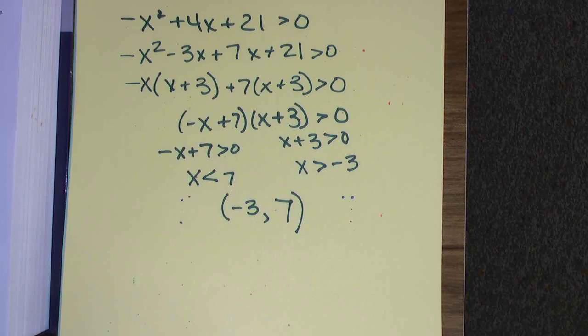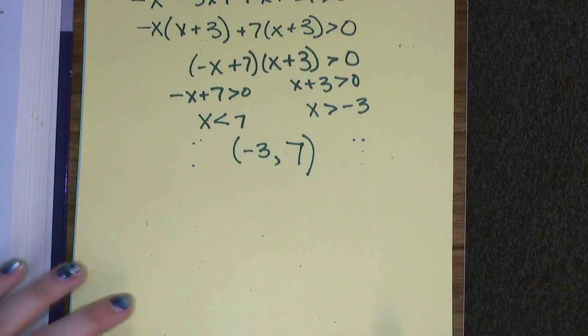It should be -32 plus 21, which is not greater than 0. So I know that stuff on the left side doesn't work. I'm going to do 10 just because I think 10 would be easier. -100 plus 40 is -60 plus 21, not greater than 0. So those don't work. So this is my interval, -3 to 7. Okay.